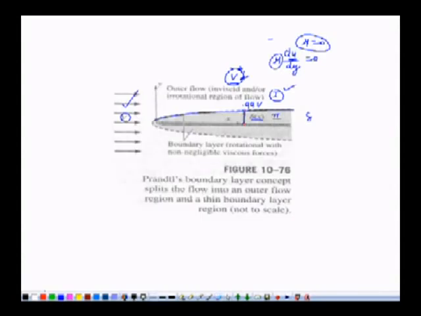So distance travelled in a transverse direction from 0 velocity to 99% of free stream velocity is known as a boundary layer thickness at that location. So this is the concept of the boundary layer which was given by Prandtl.